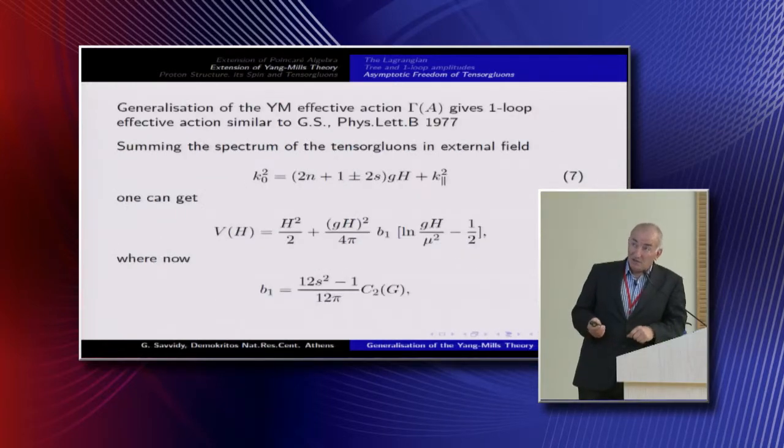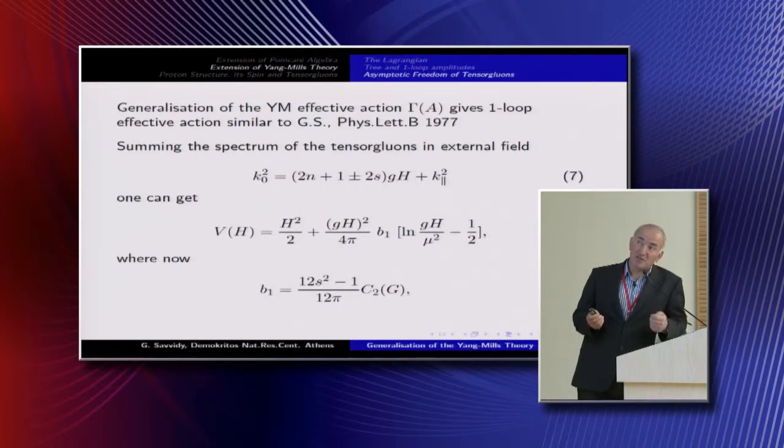I also calculated this in a different way, which I did many years ago in my PhD in '77, and I was fortunate that it was published. So the result: you can ask what is the spectrum of the tensor gluon in the background chromomagnetic field, and you can see that this Pauli-Landau formula has the standard 2n plus 1, and this plus minus 2s.